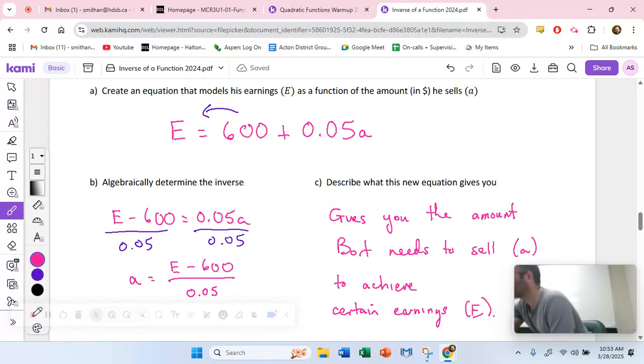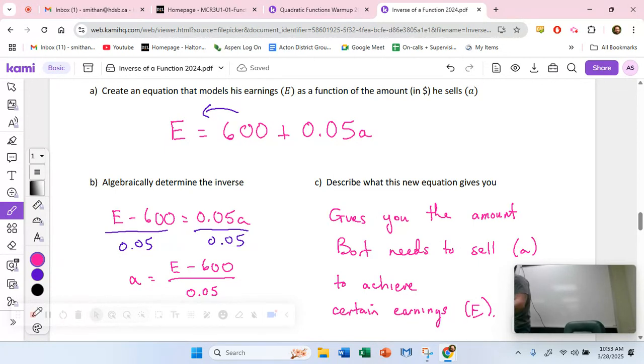Literally a grade 9 problem. I just wanted to tie it in to show you guys you've been doing functions for a long time. So with the original equation, you put in the sales, and it finds his earnings. The inverse equation gives you his sales for a certain earnings. He wants to earn $1,000. He puts in 1,000 and cranks out the amount he has to sell.